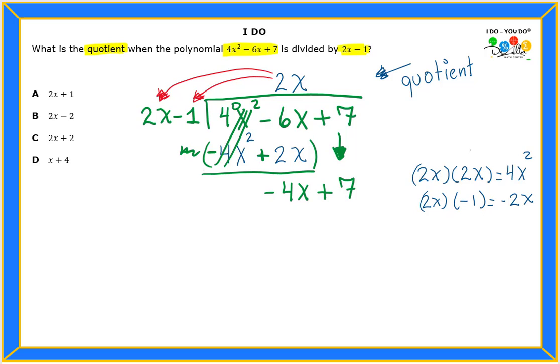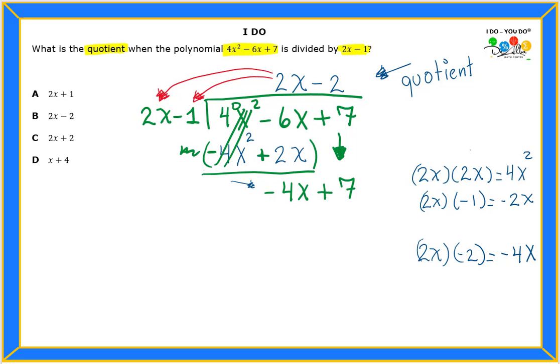So now I need to ask myself, 2x times what will give me a negative 4x? Is that right? Well, 2 times 2 is 4, but I need it to be negative. Then this needs to be negative 2, right? And remember I said earlier, if this number, it's negative, then for sure my quotient is going to have a negative number. And it is, right? It's a negative 2.